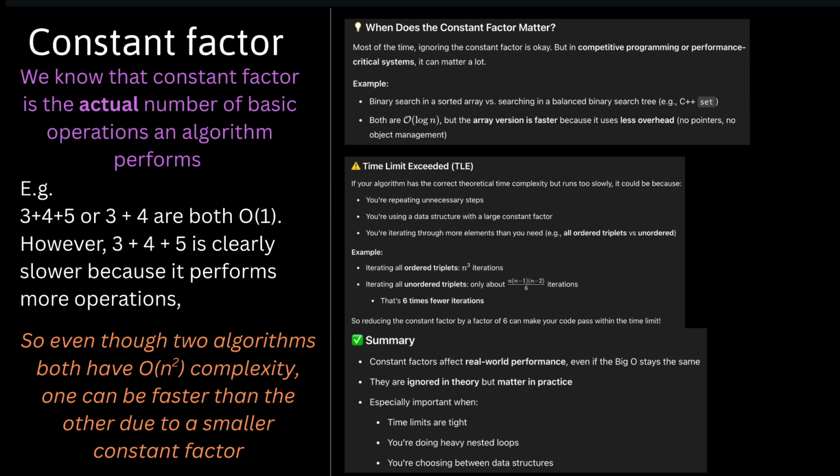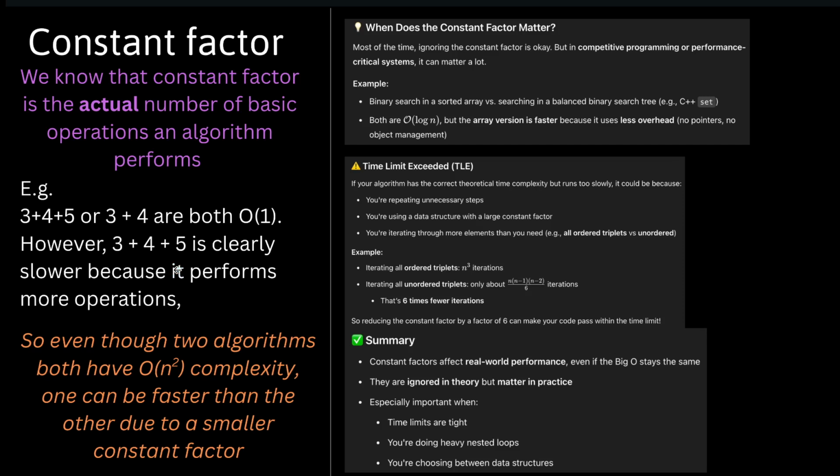For the last part, we come to constant factor. We all know that constant factor is the actual number of basic operations an algorithm performs. For example, 3 plus 4 plus 5 or 3 plus 4 are both O(1).